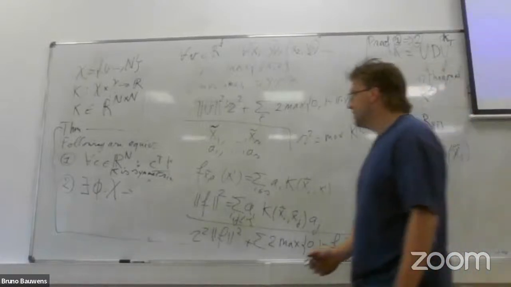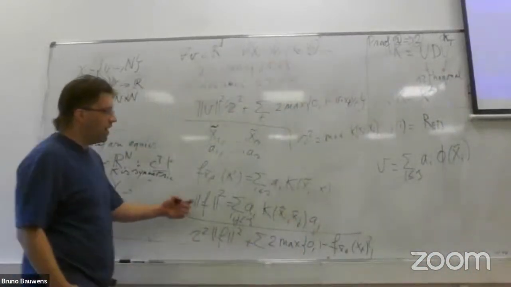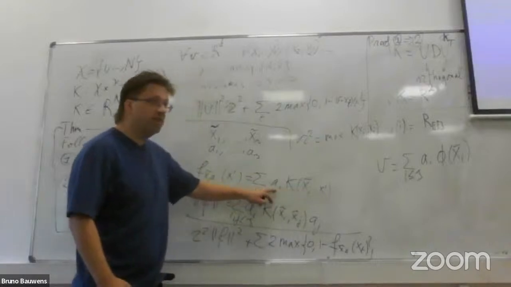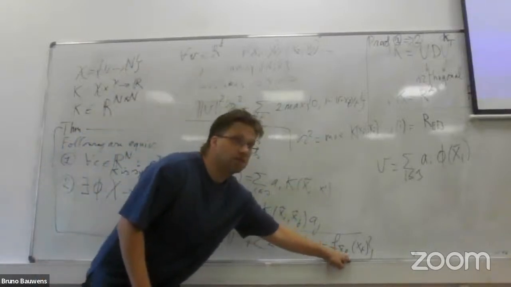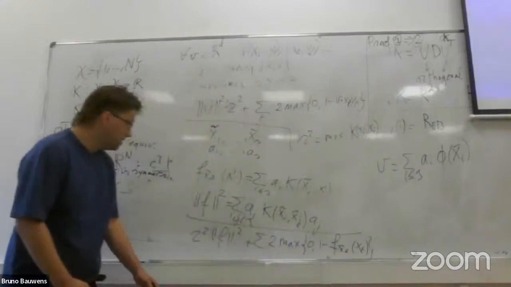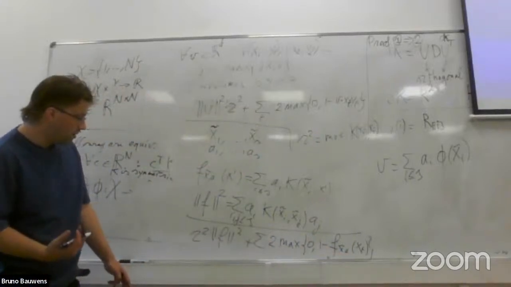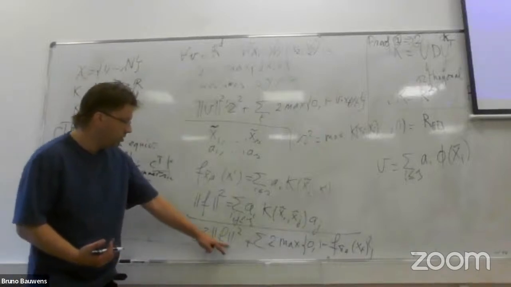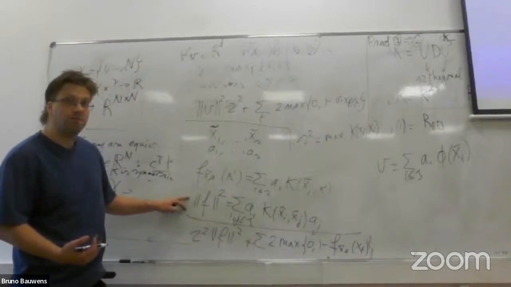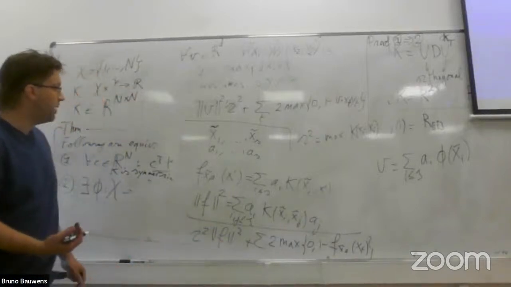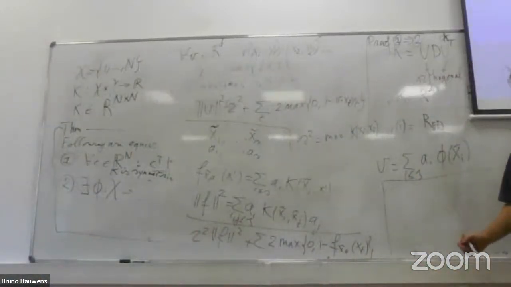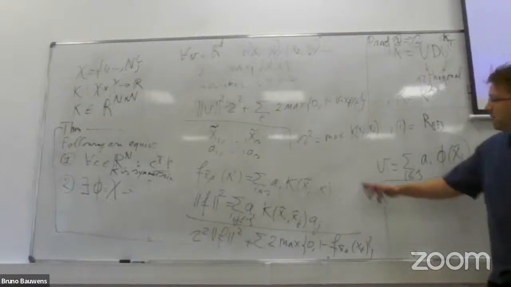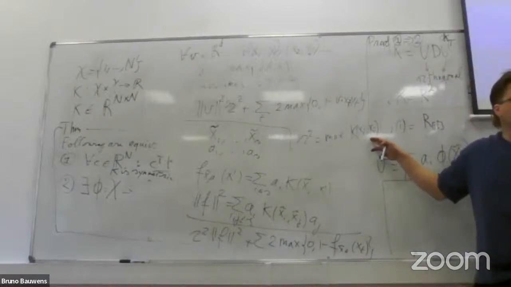So the question is, can you find special inputs and coefficients so that you have a function that makes good predictions, so that this sum is small, but at the same time F has small norm, so this term is small. And now we can see why the Gaussian kernel is so good, because the kernel is already helping us keep R small.